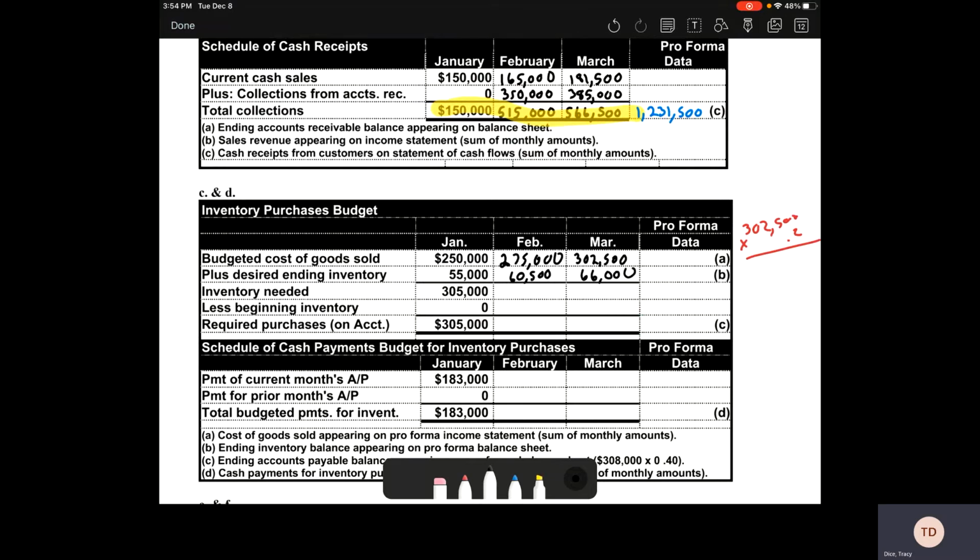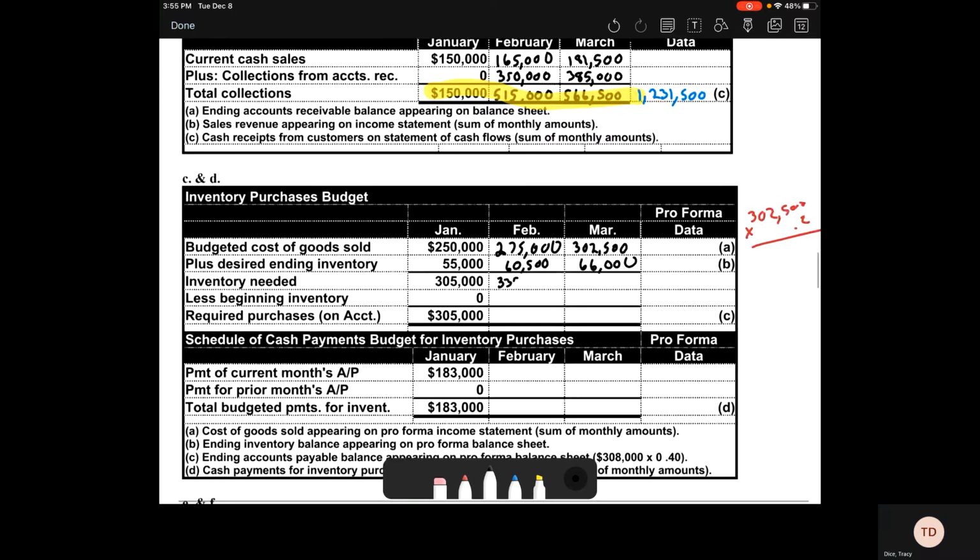All right, so if we have budgeted cost of goods sold at 275,000, we get 60,500 in ending inventory that we want. So we add those. And we end up with 335,500 in inventory needed.